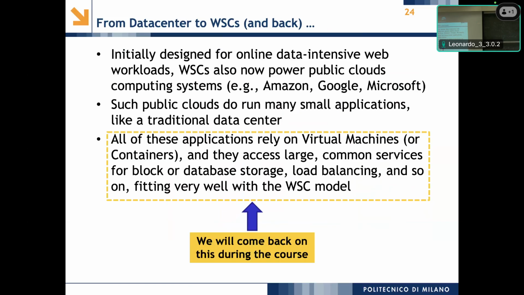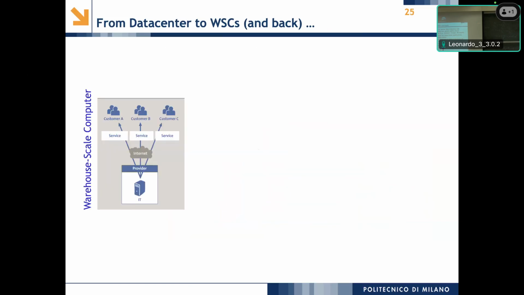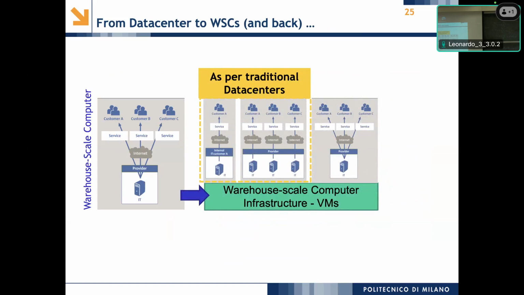The key point is that in a single facility, a cloud data center, we can still run the internet-based service, but we can co-locate within virtual machines traditional software, traditional systems.